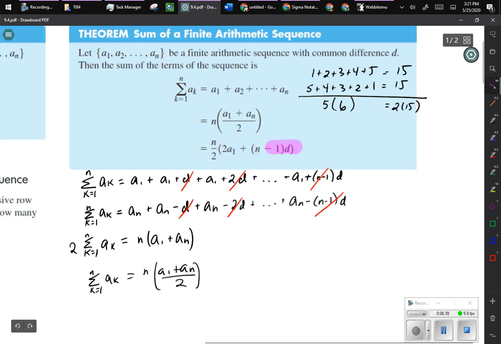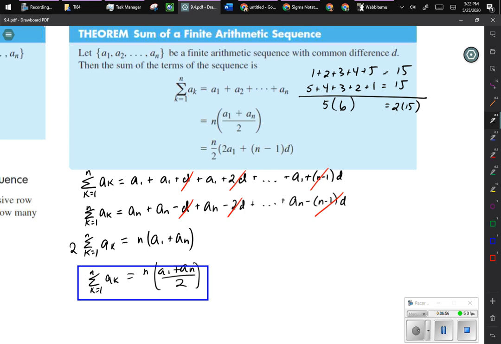Now, the last part, notice we have 2 formulas. Notice this formula looks a little different, so I'll show you how they got that formula. So instead of writing a sub n, so this is one formula, right? But the second formula just takes a sub n, and it says, well, again, from 9.3, that's really just a sub 1 plus n minus 1 times d.